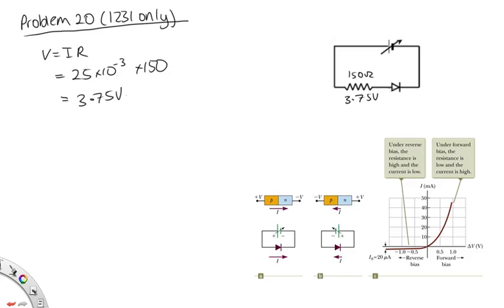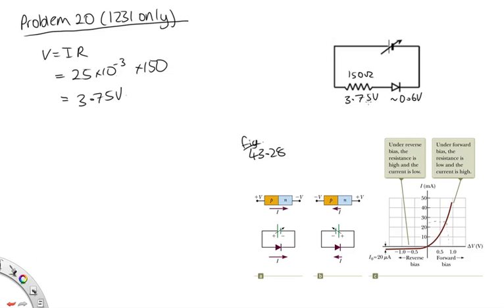Now we need to look at the voltage drop across the diode. To do that, we're going to make use of this figure, which is figure 43.28 from the textbook. We know that our current is 25 milliamps. So that tells us that our voltage is approximately 0.6 volts.